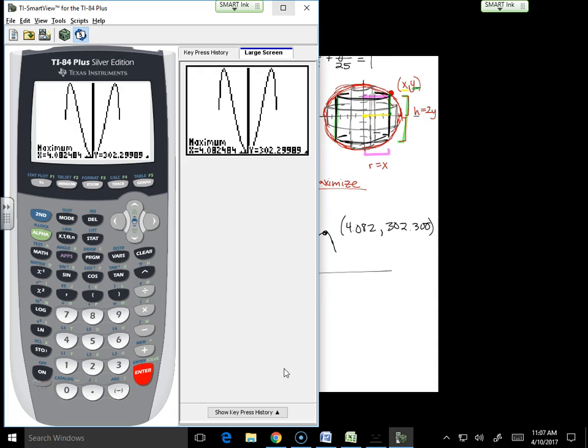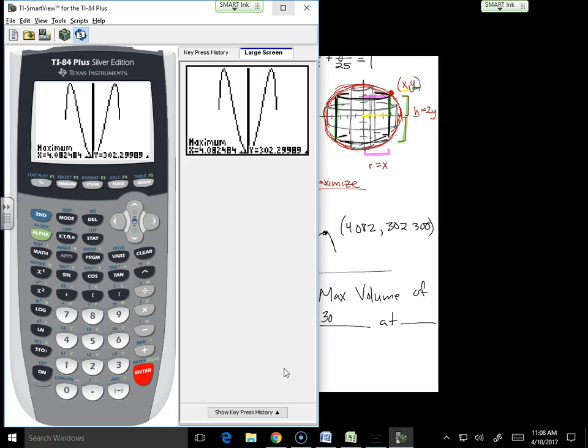So I'm going to say that this cylinder is going to have a maximum, let's see if you guys can track, volume of... what am I going to say? Because y equals volume, right?